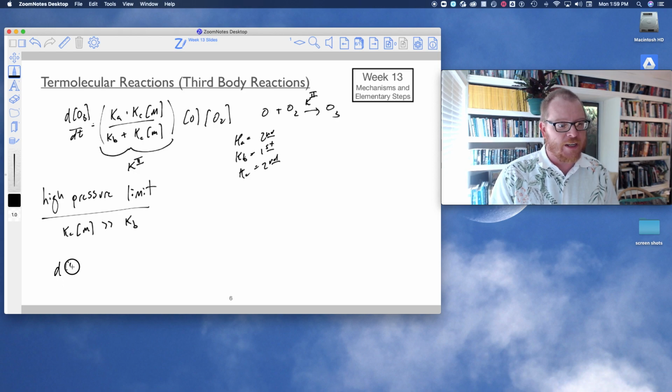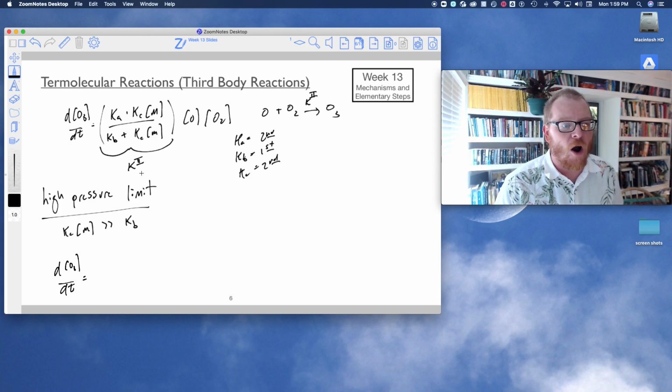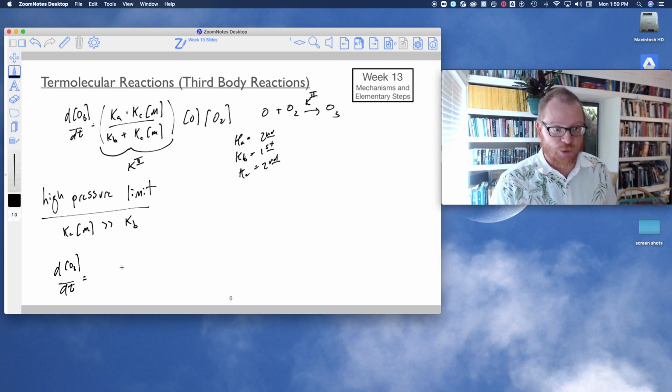It looks like dO3/dt equals. Okay, so if we are able to ignore Kb, then we recognize that all of the Kc and M will cancel, and I just have Ka times O times O2, right?